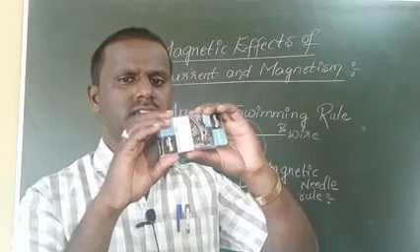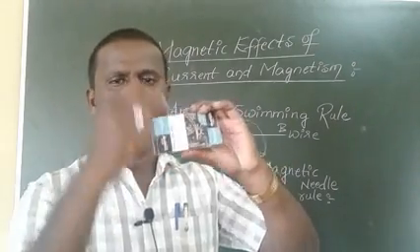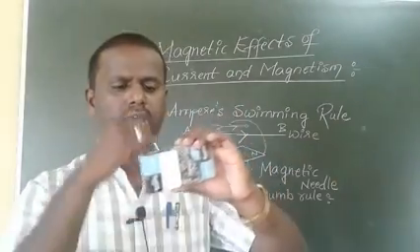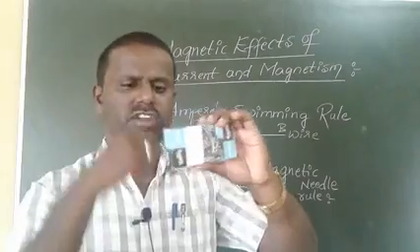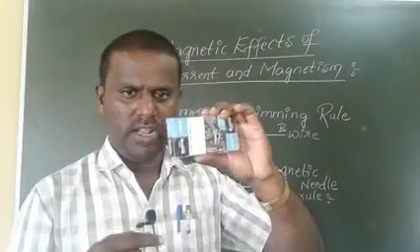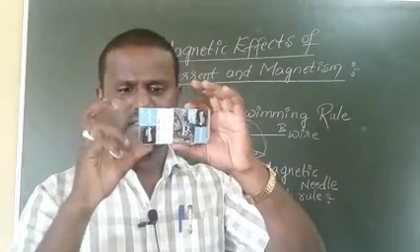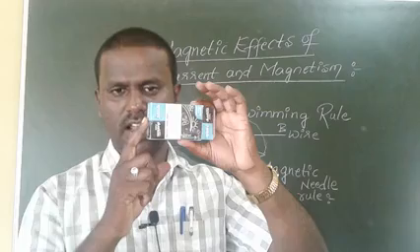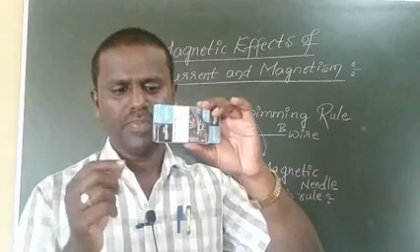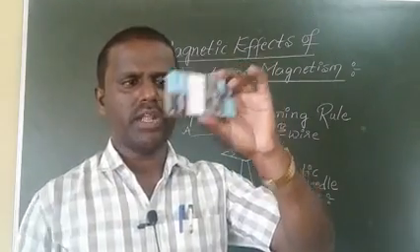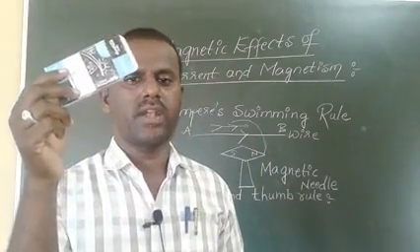Imagine this is the conductor, and I am using copper wire here, and that copper wire is adjusted like this. And this is the cell. So now the two conductors are made free. This is one positive conductor and here is one negative conductor.